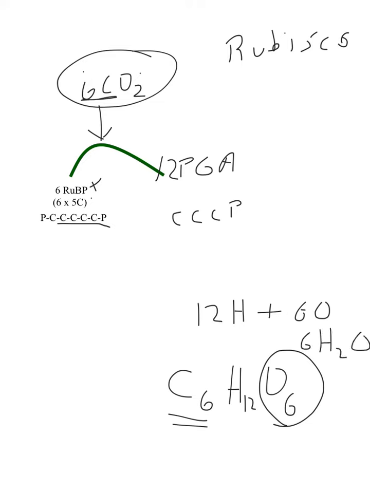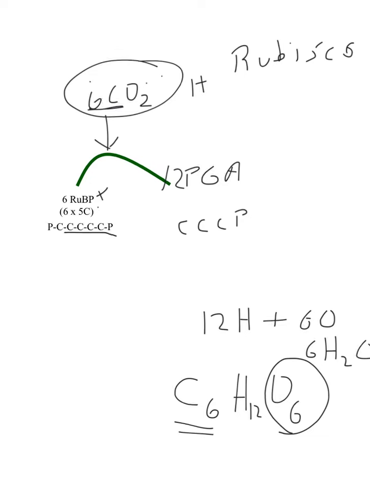And that's exactly what happens. The 12 hydrogens that were put in from the light-dependent reactions combine with those extra oxygens, and now we get our 6 waters as a waste.